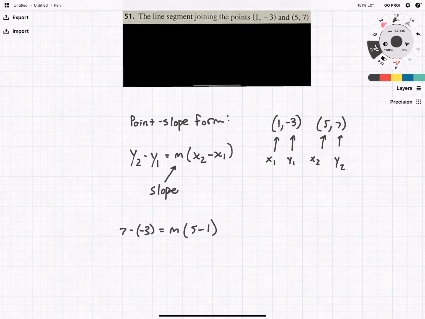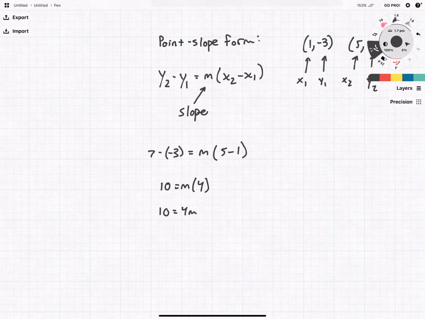There we go. So the 7 minus negative 3 ends up being 7 plus 3, so we get 10 equals m times 4. So we'll just rewrite that to clean it up a little bit. 10 equals 4m. And then if we divide both sides by 4, then we find that m is equal to 10 over 4.